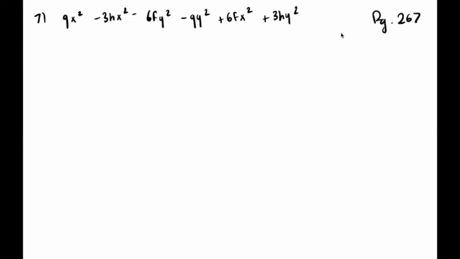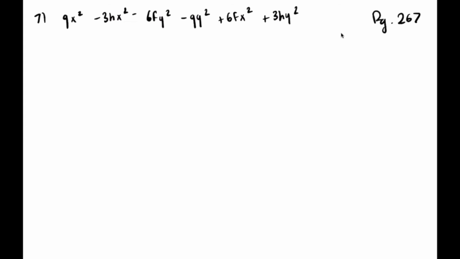First of all, we look at which terms have common factors between them. In this case, we will look at x squared and y squared. We will focus on these two variables. Why so?